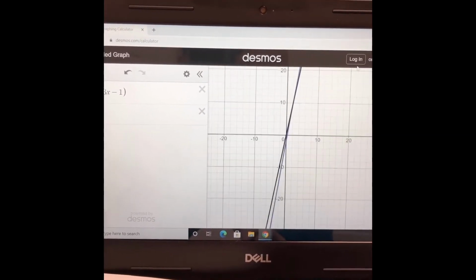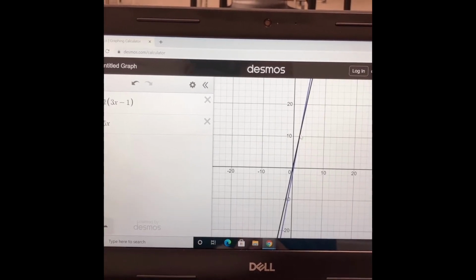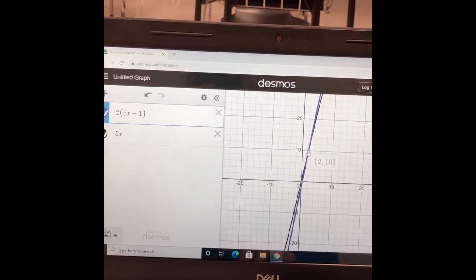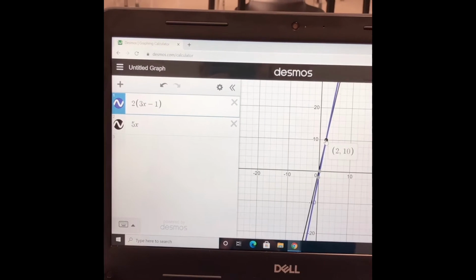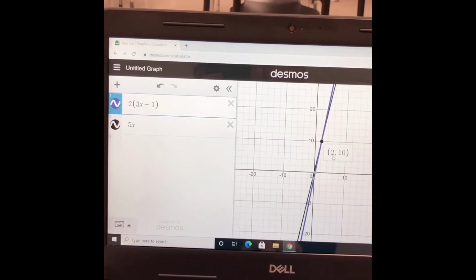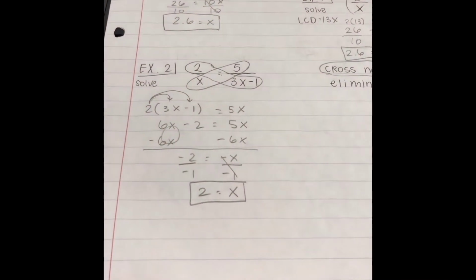What you want to do is go over to your graphed functions. You want to tap on them so that the intersection point shows up. The x value of your intersection point, that is your answer. Okay, so our x value where they intersect is 2. And we got that our answer for this was 2, so we're good.